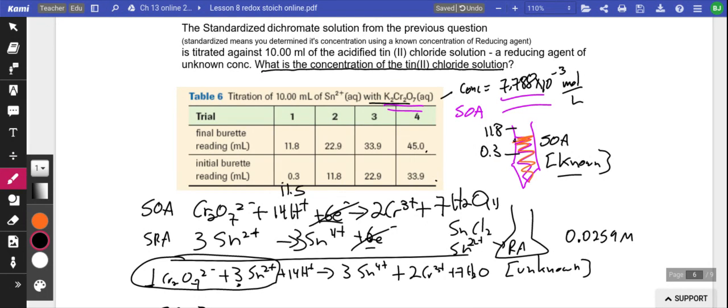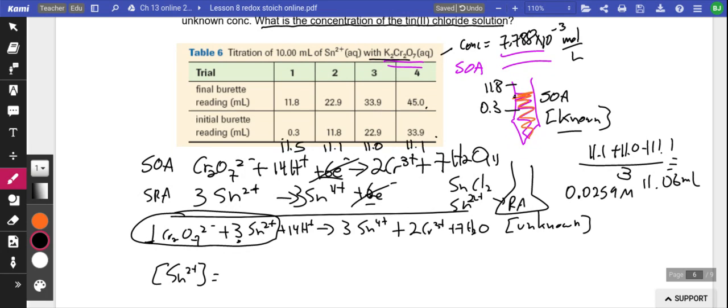So that is 11.5. Our next one is 11.1, 11.0, and 11.1. So 11.1 plus 11.0 plus 11.1 gives us 11.06 repeating.